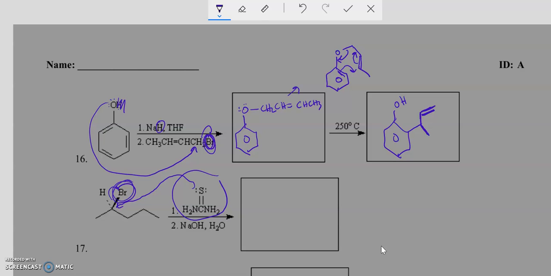So basically, you're going to replace the bromine with a thiol, all right? And this is going to be an inversion in the stereochemistry here. So you're going to have a hydrogen here, but on this carbon, you're going to get an SH thiol.